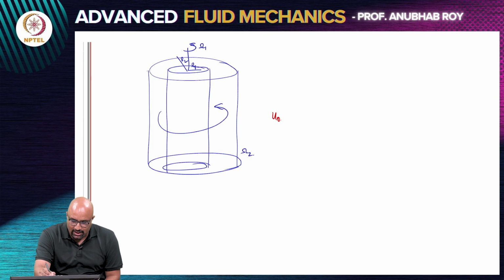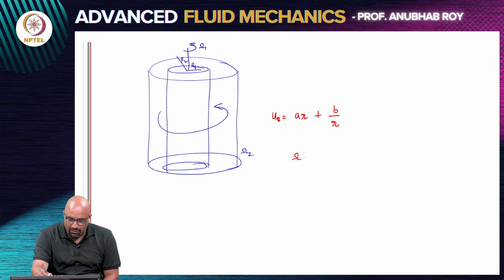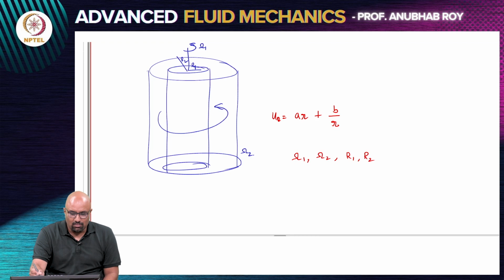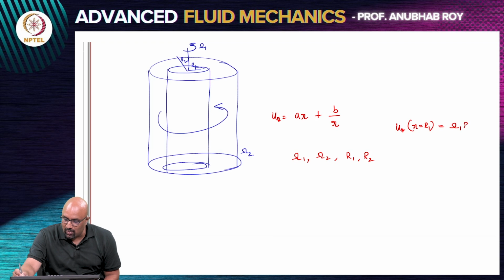So you have u theta that is a constant times r plus a constant by r. You apply these boundary conditions and you will find these two constants in terms of omega 1, omega 2, R1 and R2. So you can work that algebra out, solve the two equations, because the boundary condition is u theta at r equals capital R1 is equal to omega 1 R1.